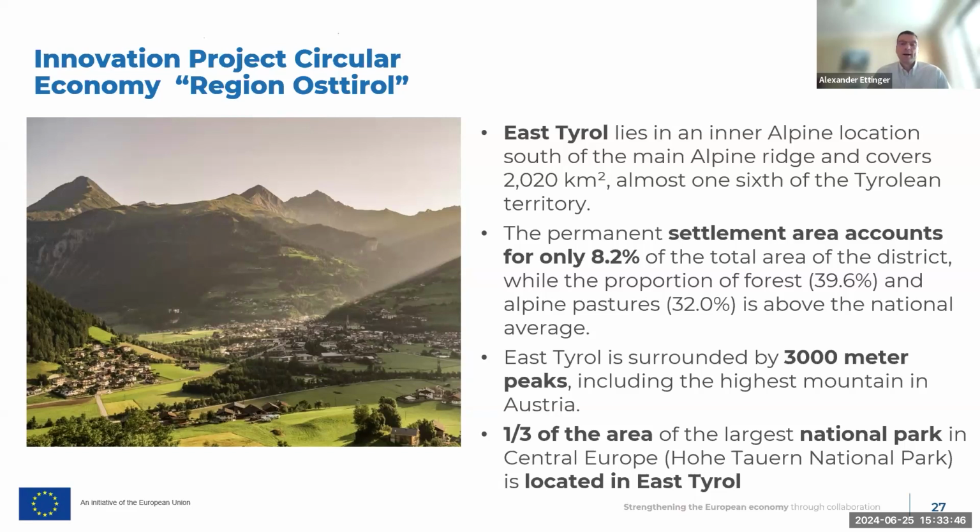It's surrounded by 3,000-meter peaks and includes the highest mountains in Austria. And a third of the area is part of the largest national park in Central Europe, National Park Hohe Tauern. And this is the region where a big project about innovation around the topic circular economy took part last year. Let's have a look at the inside.